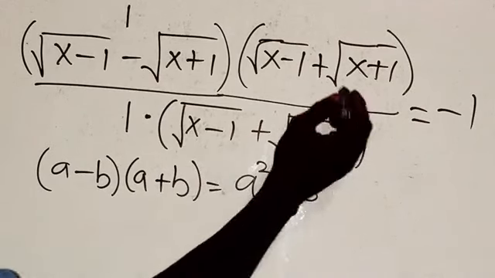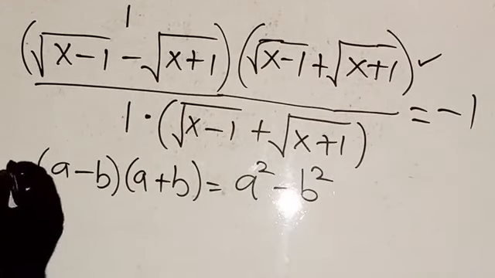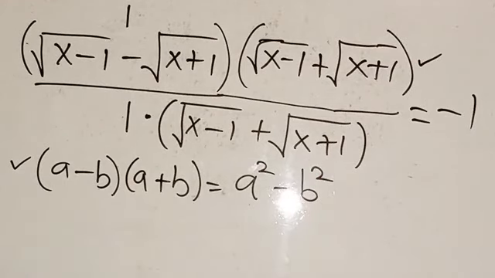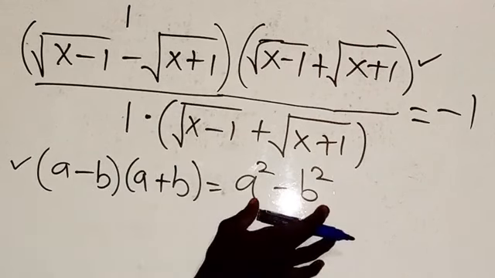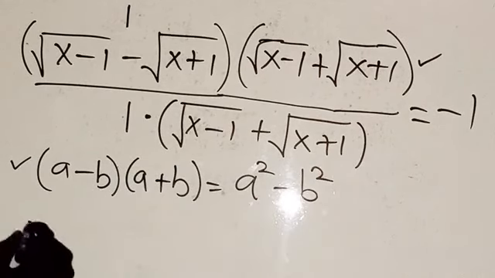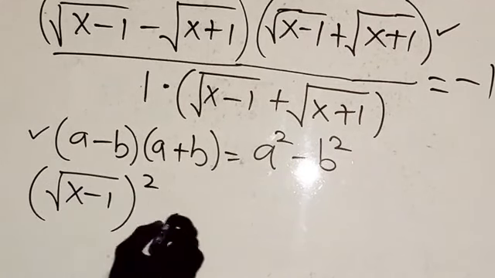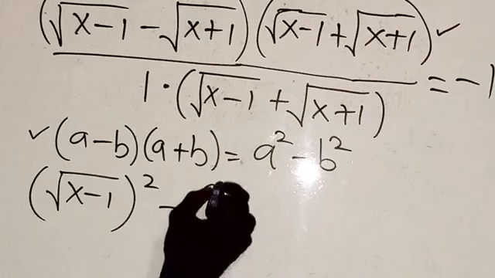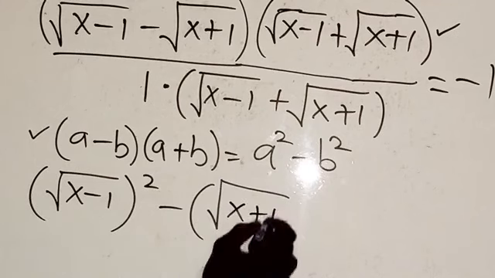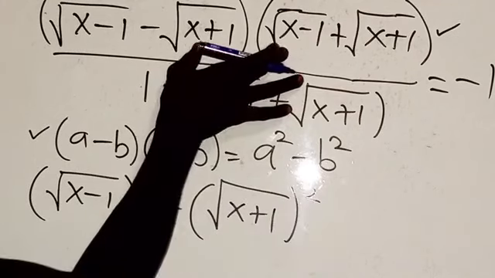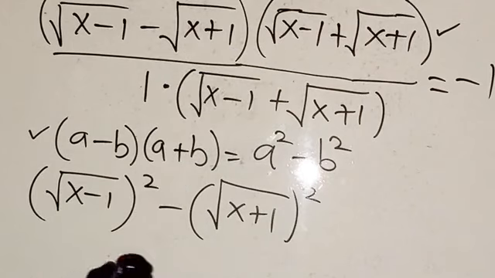So I'm going to write this in this form: root of x minus 1 all squared minus root of x plus 1 all squared. That is what this numerator will give us.